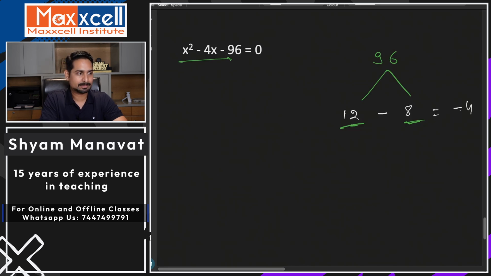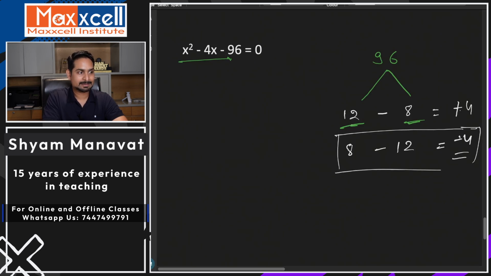Oh, plus 4. So that's not the one. It should be 8 minus 12, which will get you minus 4. Yeah, I am looking for minus 4. So this is the correct combination, where 12 into 8 is 96 and 8 minus 12 is minus 4. Right? Now, how do we write the answer?